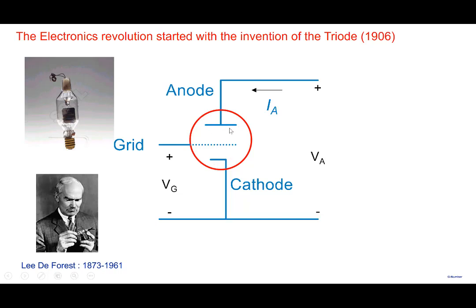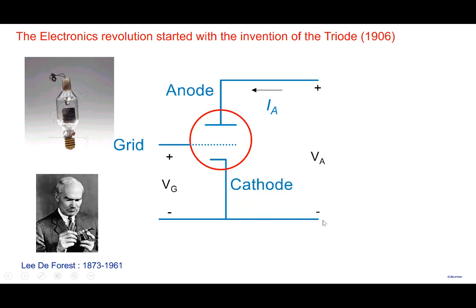And then there is this other plate, anode. We apply a positive potential to this anode. So these electrons emitted from the cathode will move across to the anode because of the field, and they will be collected by the anode, and then they will flow out. This would then result in a flow of current.